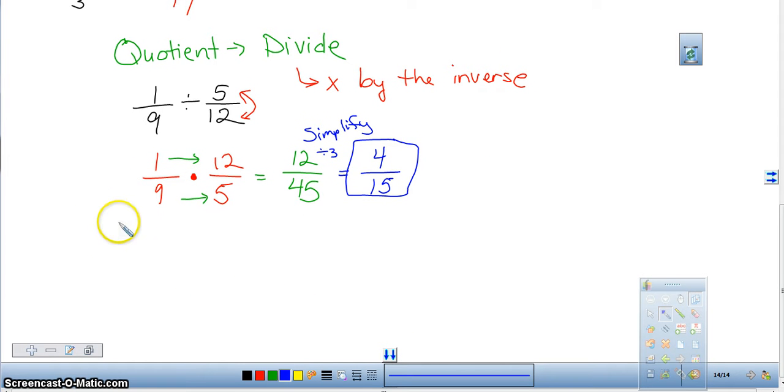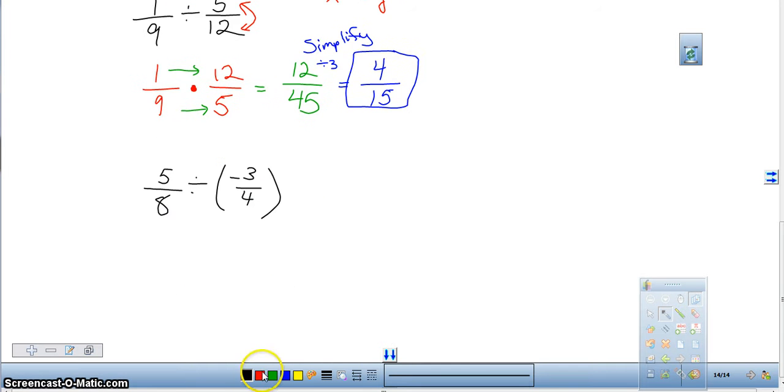Okay, let's try another one. If I have 5 over 8 divided by -3/4. So to divide, I keep the 5 over 8. I change the division to times, and I have to flip the second one.